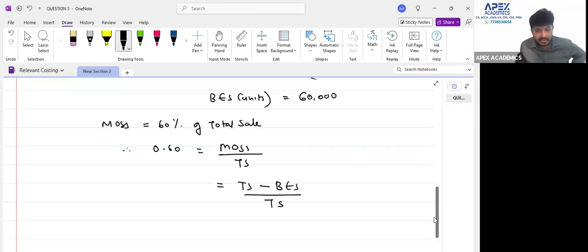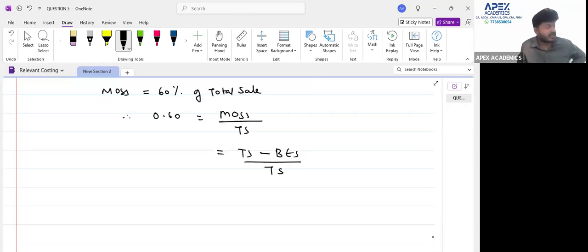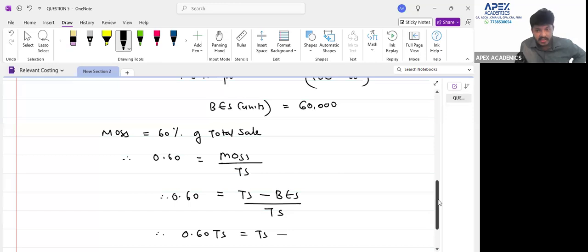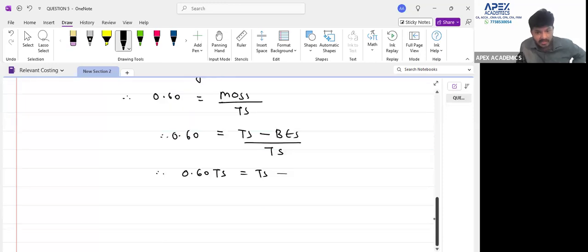Yes, let the total sales be X. Therefore, 0.60 TS is equal to TS minus the break-even sales in units, which is 60,000. Agreed or disagreed?